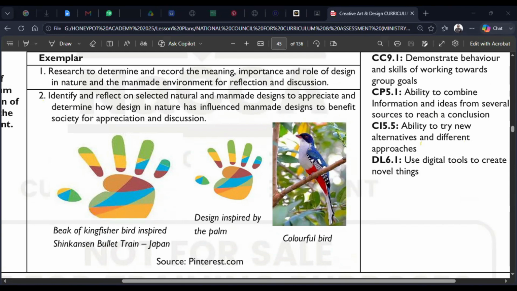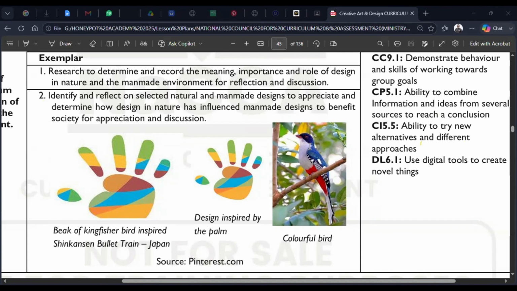It can be asked what the inspiration behind the bullet train was. The answer is the kingfisher bird, in one country, Japan.